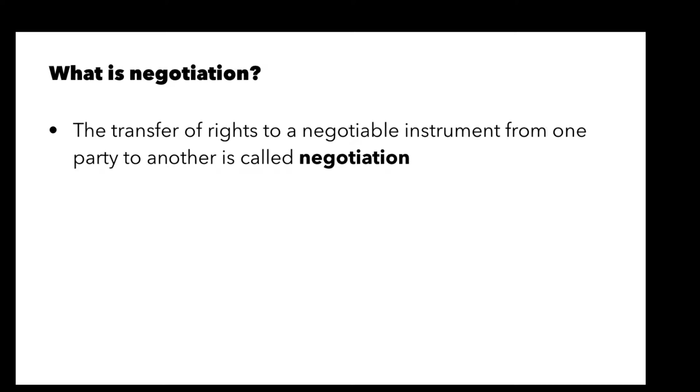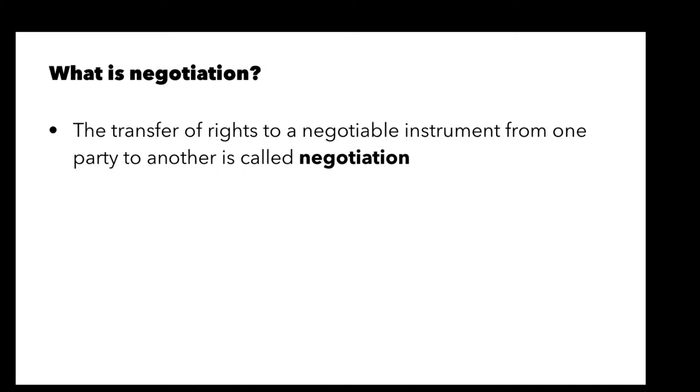Now, to be negotiable, the law requires a signed writing. We need a signed writing. When we talk about negotiation, what is negotiation? Negotiation is the transfer of rights to a negotiable instrument from one party to another.